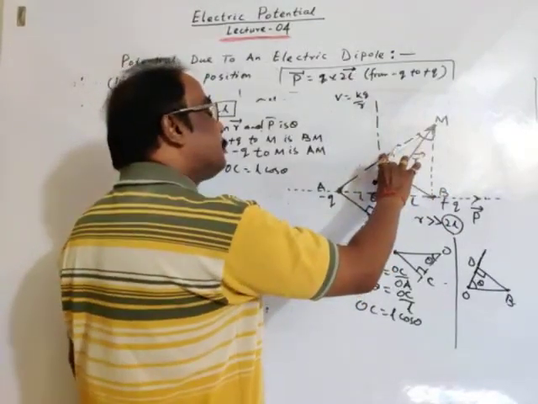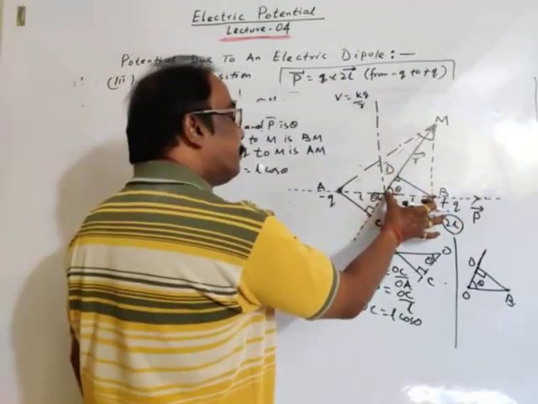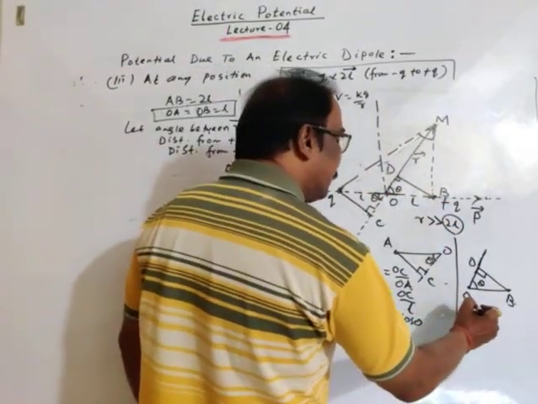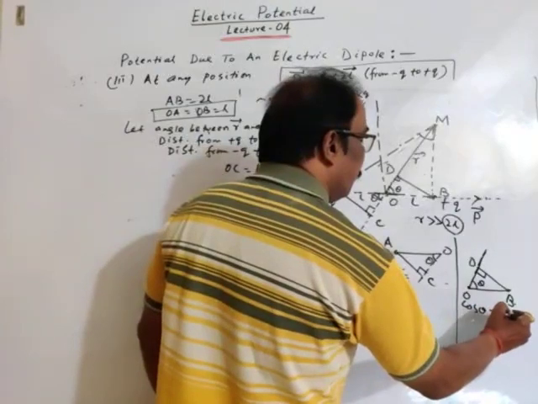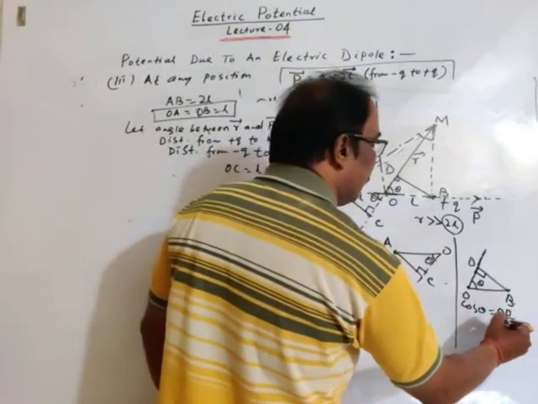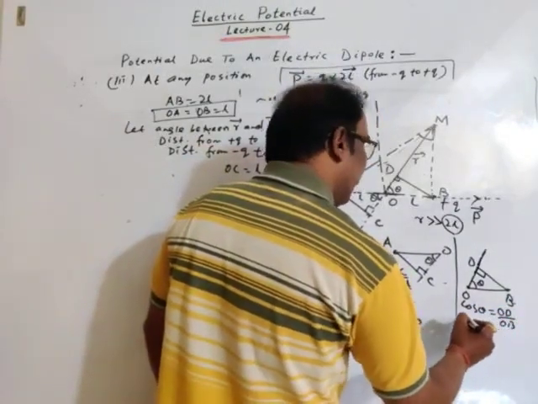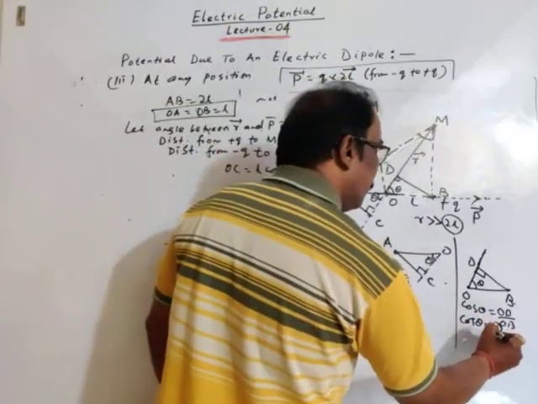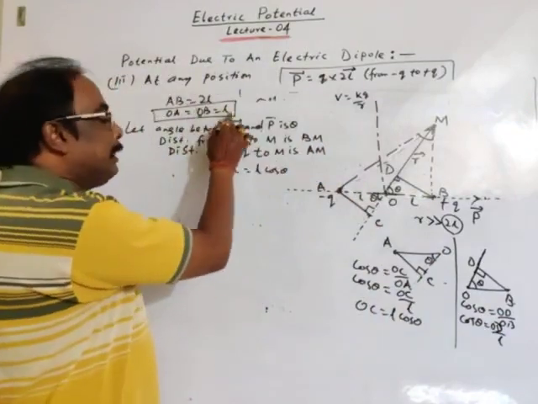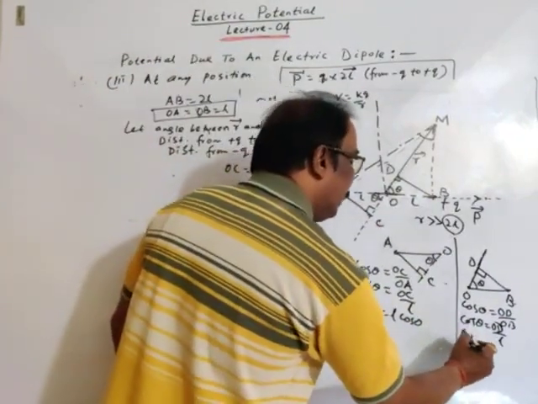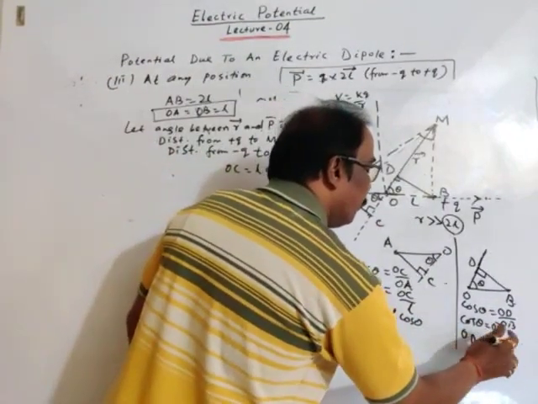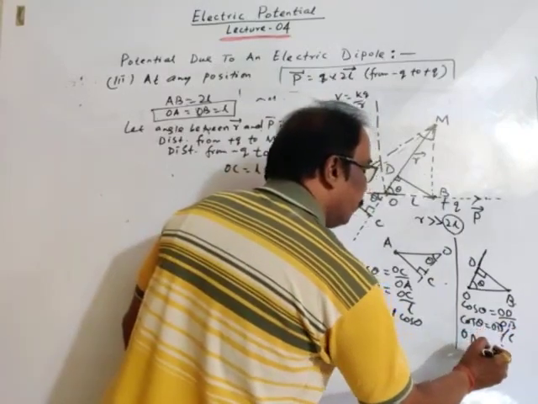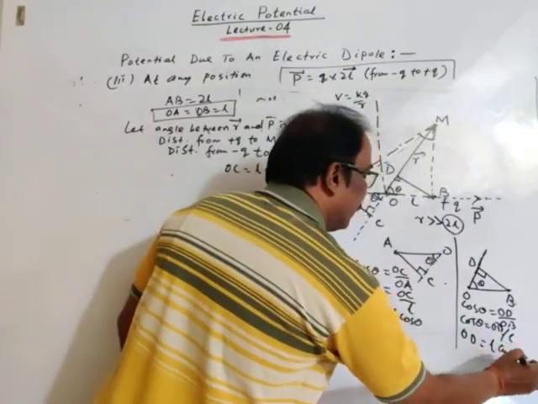So OD is base, OB is hypotenuse. So cos theta is OD divided by OB, which is L. So OD is L cos theta.